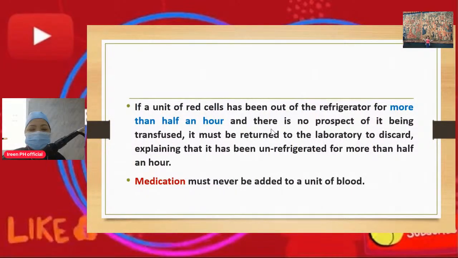If a unit of red cells has been out of the refrigerator for more than half an hour and there is no prospect of it being transfused, it must be returned to the laboratory to discard, explaining that it has been unrefrigerated for more than half an hour.